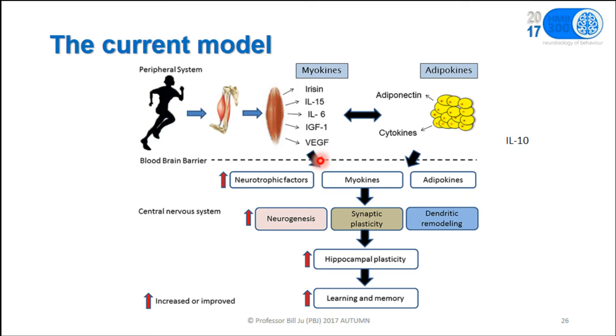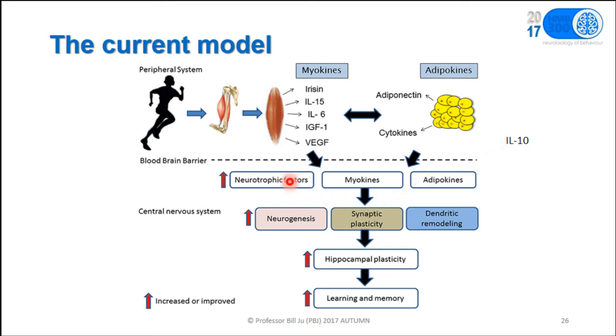Much like myokines from muscle, your fat cells are always secreting factors as well, and factors that can work to your benefit, including adiponectin. Adiponectin is one of those factors that seem to be changing as you change your obesity levels, etc. And they will also produce other factors like interleukin 10 as the adipocytes start to shrink. So as they start to shrink, they actually produce interleukin 10, which is an anti-inflammatory factor.